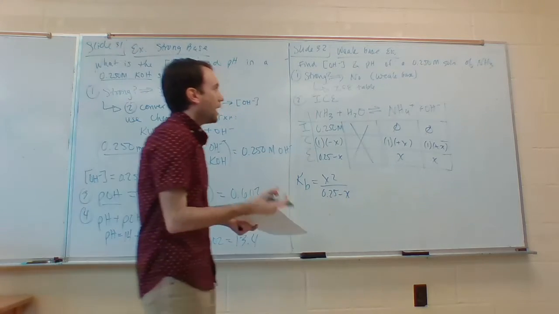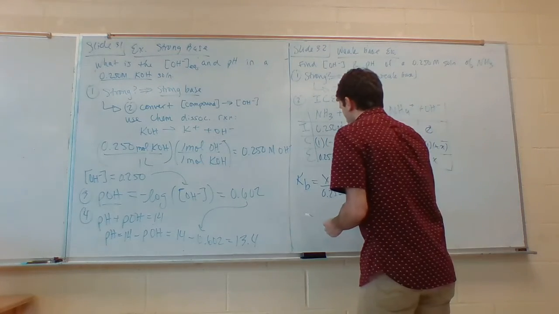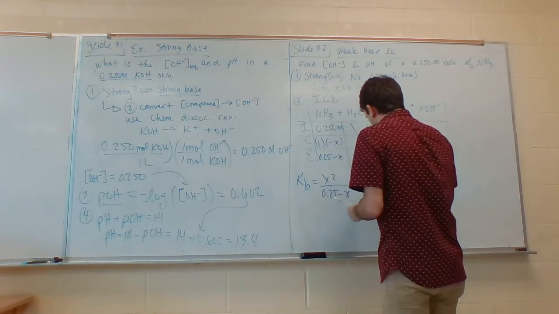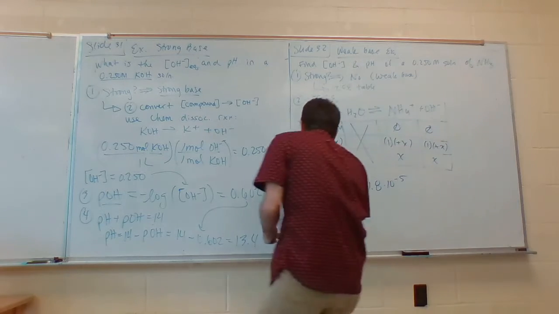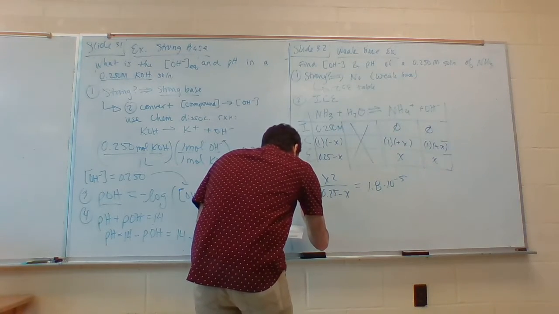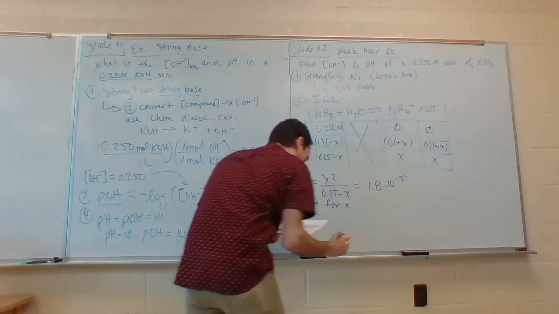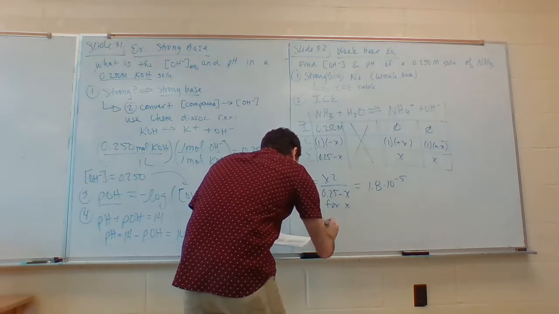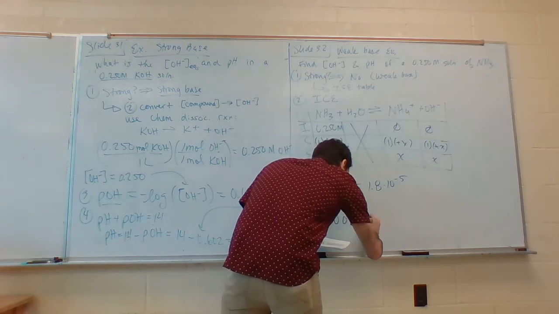That's going to be equal to X squared over 0.25 minus X, okay? Now, I would look this up in a table, okay? So I know that my KB for ammonia happens to be 1.8 times 10 to the negative fifth, okay? Then I would solve for X. Okay? I find that X is equal to 0.00212, right?